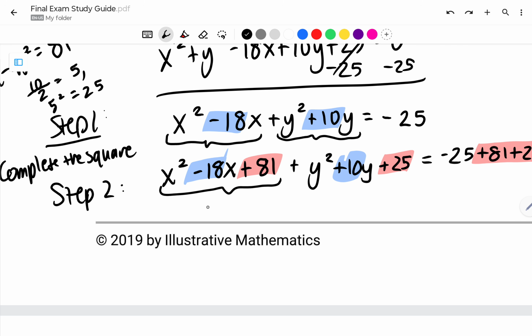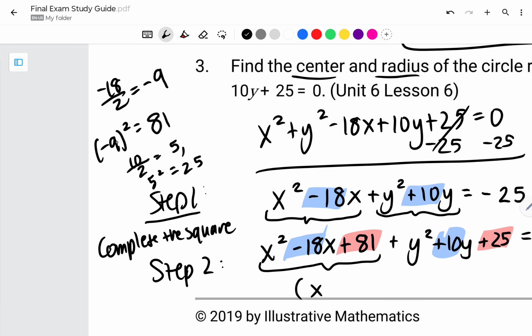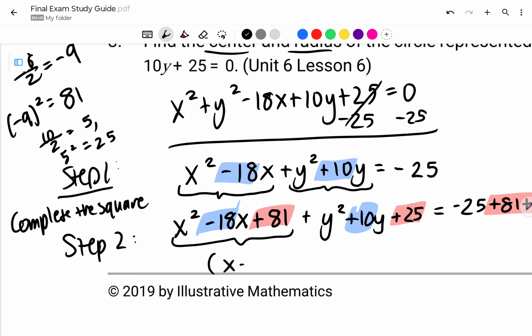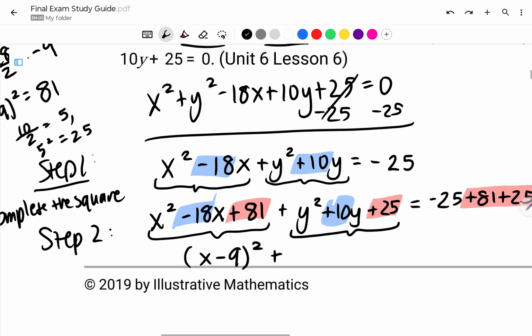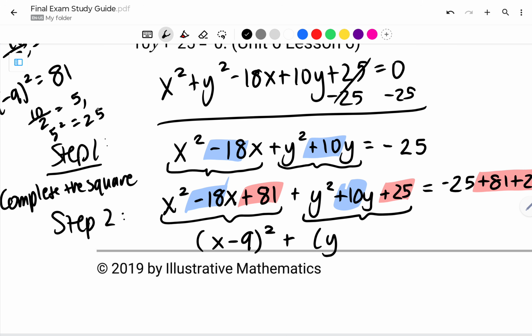This is going to be x. Negative 18 divided by 2 was negative 9. Negative 9 squared is 81, so it's going to be x minus 9. And then plus, what about this one? This one is going to be y, and then 10 divided by 2 was 5. 5 squared was 25, so it's going to be plus 5. It's a positive 5, right?